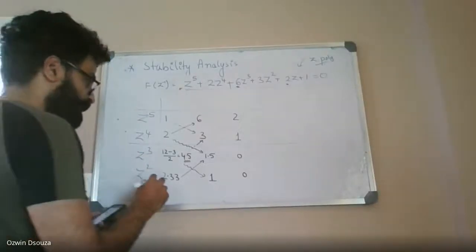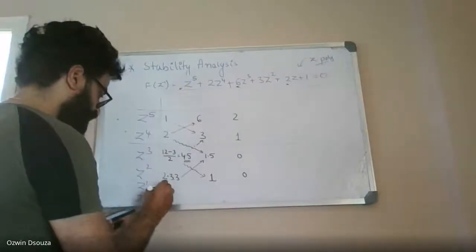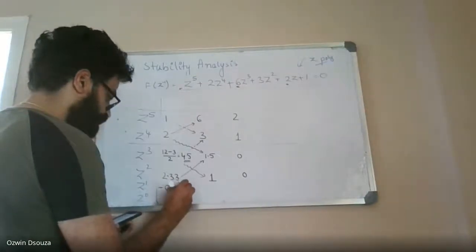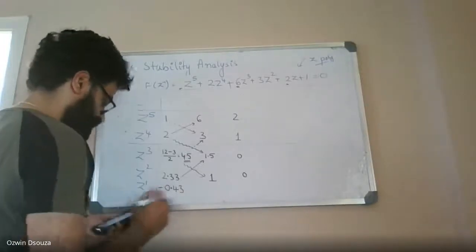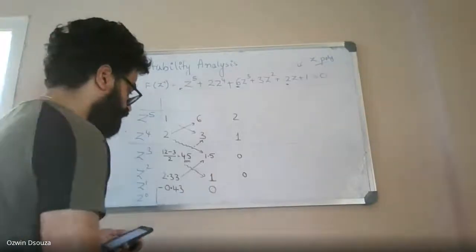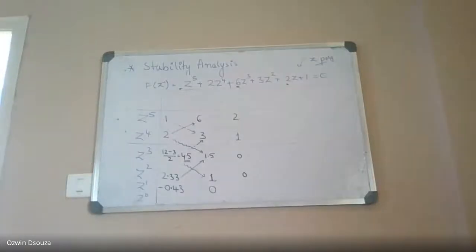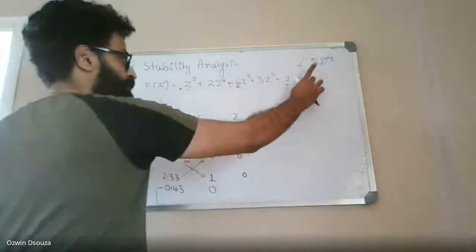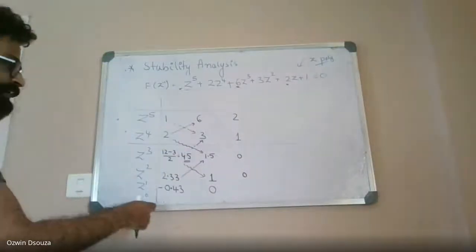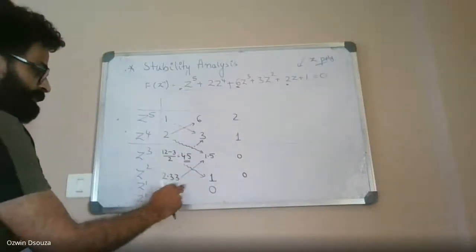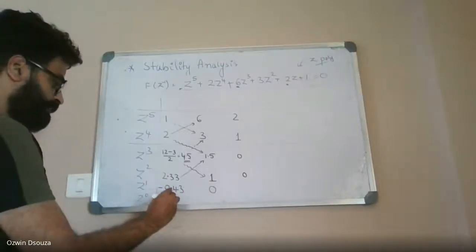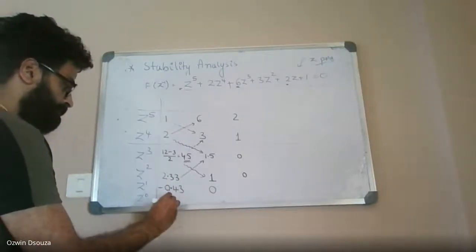So that will give you negative value, which is 0.43. And this is 0. And the coefficient of z to the power 0, you are supposed to get it as 1. Let us see, do we get it as 1? So this into this minus 0 divided by this. So you will get the coefficient as 1.